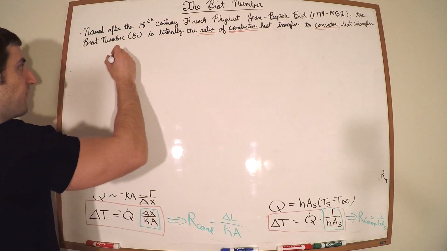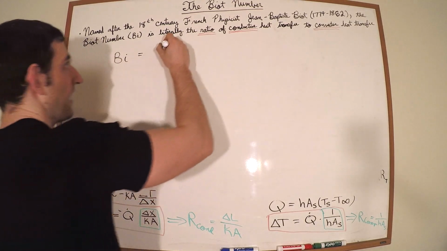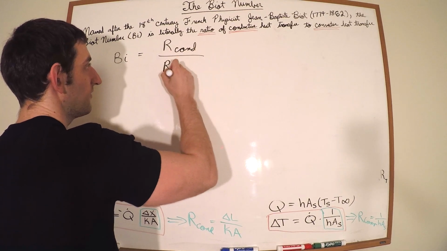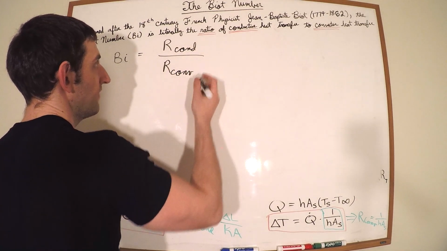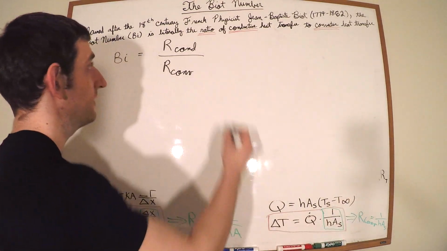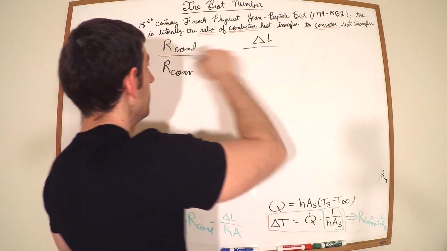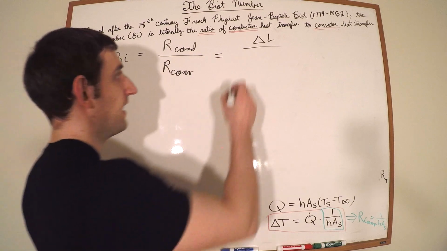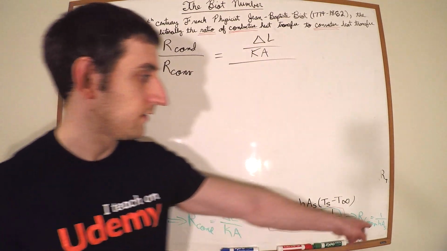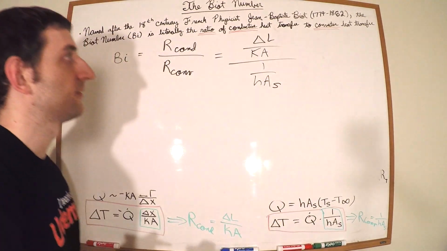So if we define it using that definition, the Biot number is defined as the resistance to conduction over the resistance to convection. Pretty simple relation. If we plug these in, it's no big deal. We have delta L over kA for the resistance to conduction, over 1 over hA.